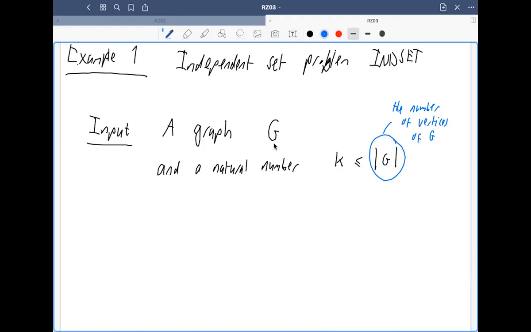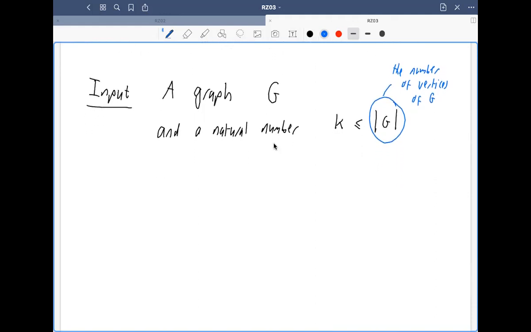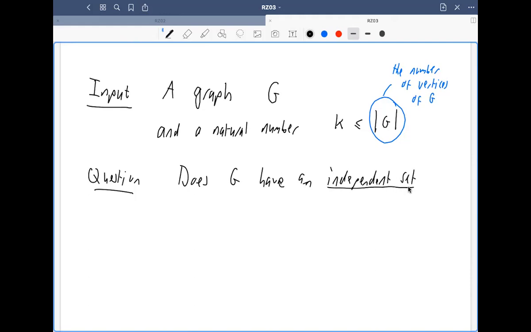Okay. And the problem is: does G have an independent set of size k?